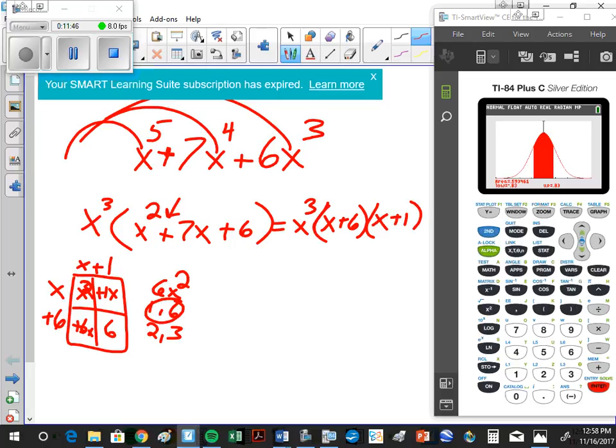Does that make sense? I pulled out what I needed, and then it simplified down to a quadratic, and then I just used that quadratic and factored. Okay. What if I had this?